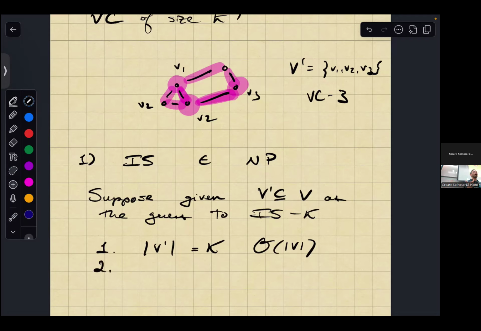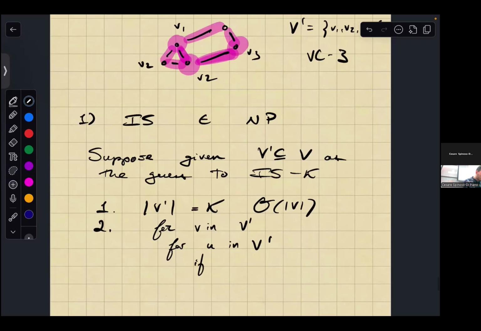The thing that's going to be a little more difficult is checking that this actually is an independent set. For that, I just need a double for loop. So for V in V prime, for U in V prime, if V is not equal to U, because of course if V and U are the same, then they're trivially connected.